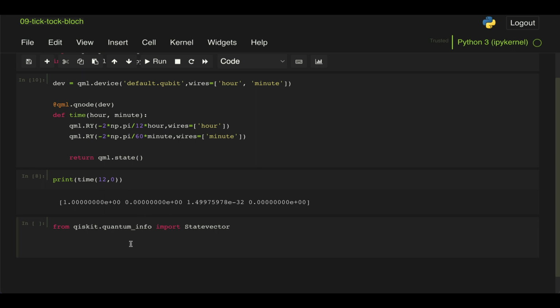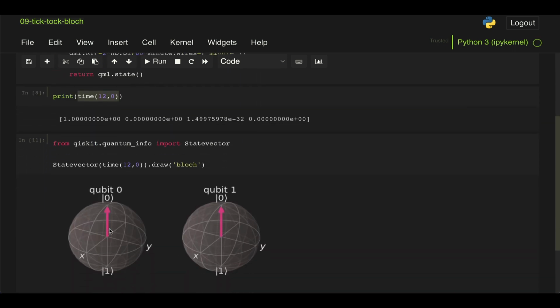So for example, we can do Statevector, and we pass the output of this PennyLane function, and we can draw it in the Bloch sphere. So since we have 2 qubits, it's going to draw 2 separate Bloch spheres, one for the hours, one for the minutes. So for 12 o'clock, we can see here that the hours and the minutes are both pointing in state 0, which is what we want.